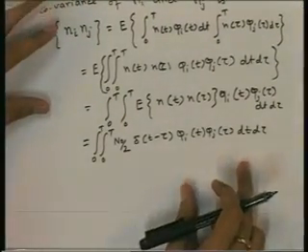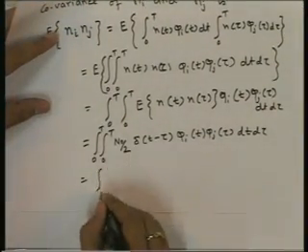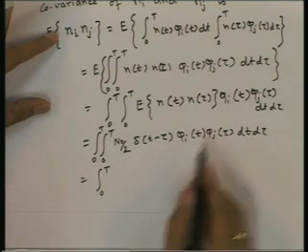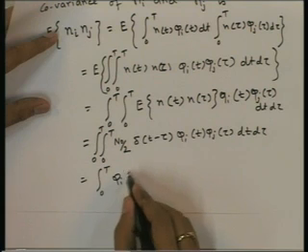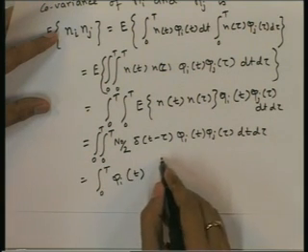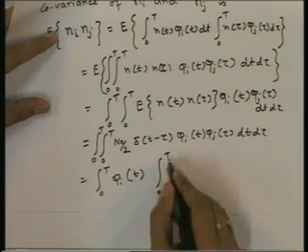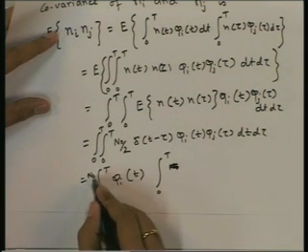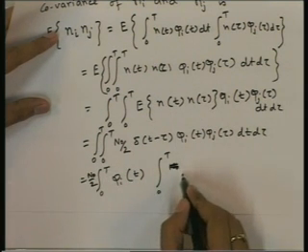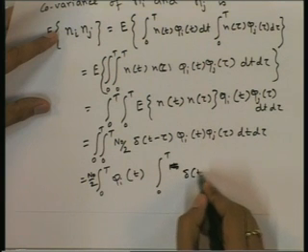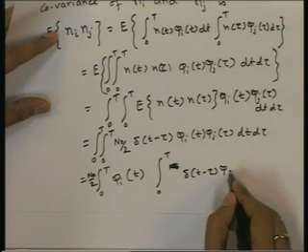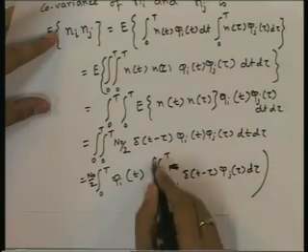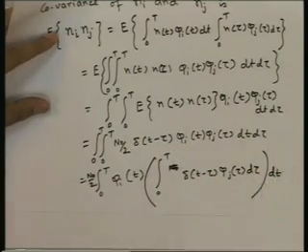Now, let us write this in a little different way. We take the t part separately outside, phi_i(t), which is independent of tau, and then do the integration on tau. N_0 by 2 is a constant, so N_0 by 2 goes outside, then delta(t minus tau) phi_j(tau) d tau, dt.